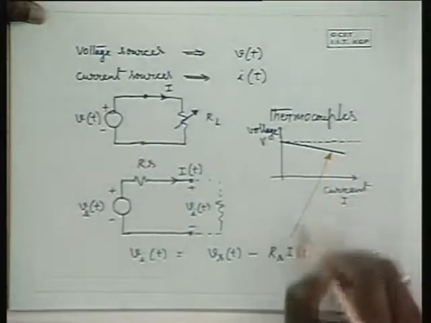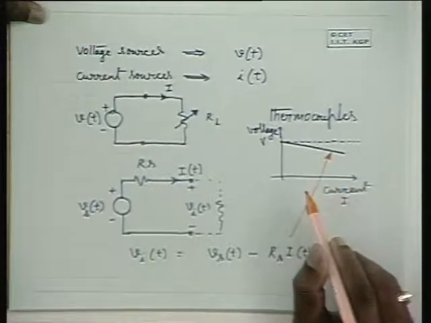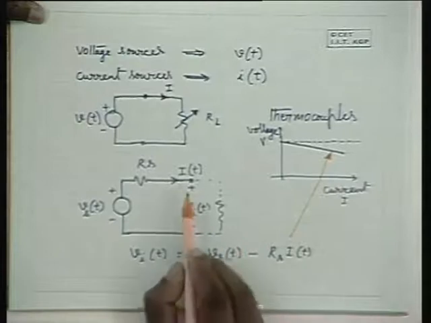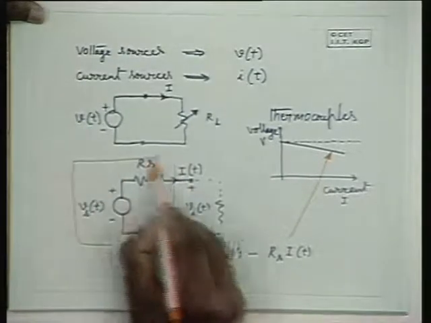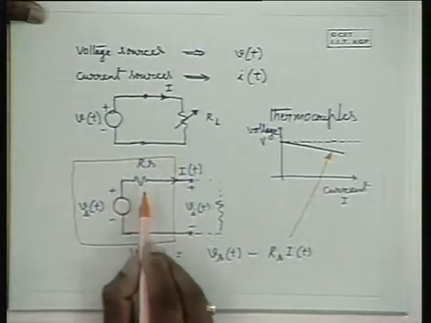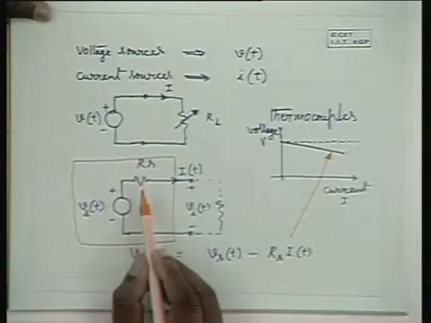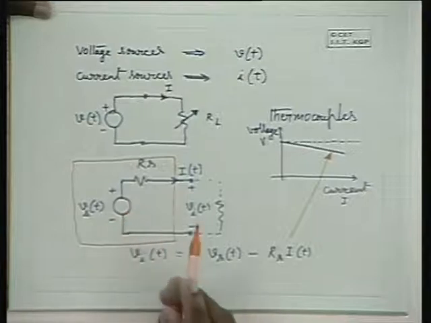So this is a straight line equation with slope equal to minus R_S. A practical source like this can be represented by an ideal voltage source in series with a source resistance. If the source resistance is 0, it is very closely equal to an ideal voltage source.